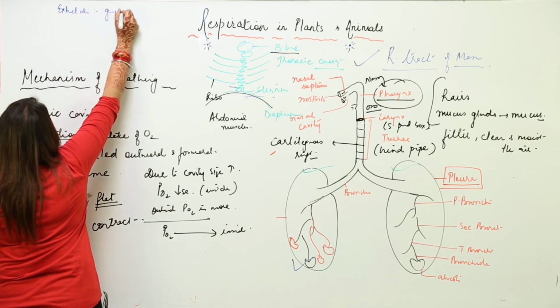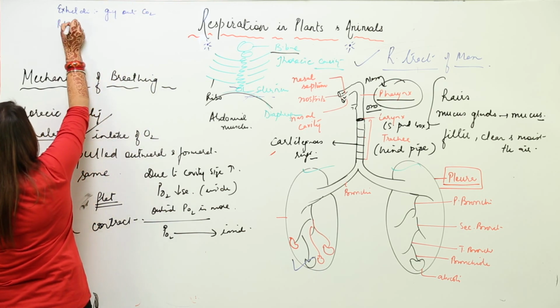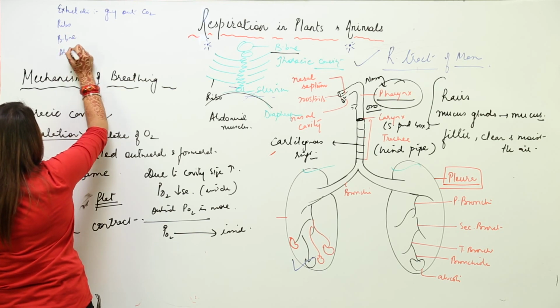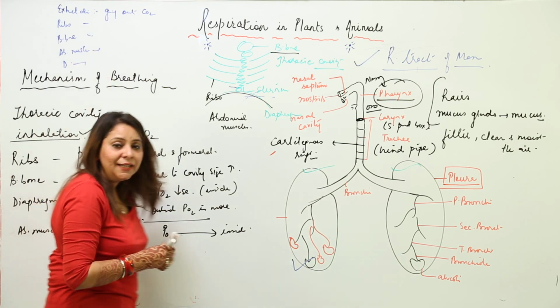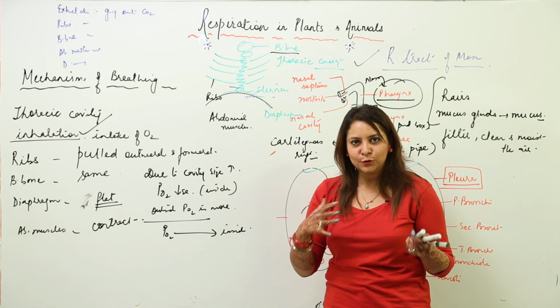Exhalation is giving out air or carbon dioxide. So again we are going to focus on the ribs, backbone, abdominal muscles and diaphragm. Now try to breathe out. What do you feel?